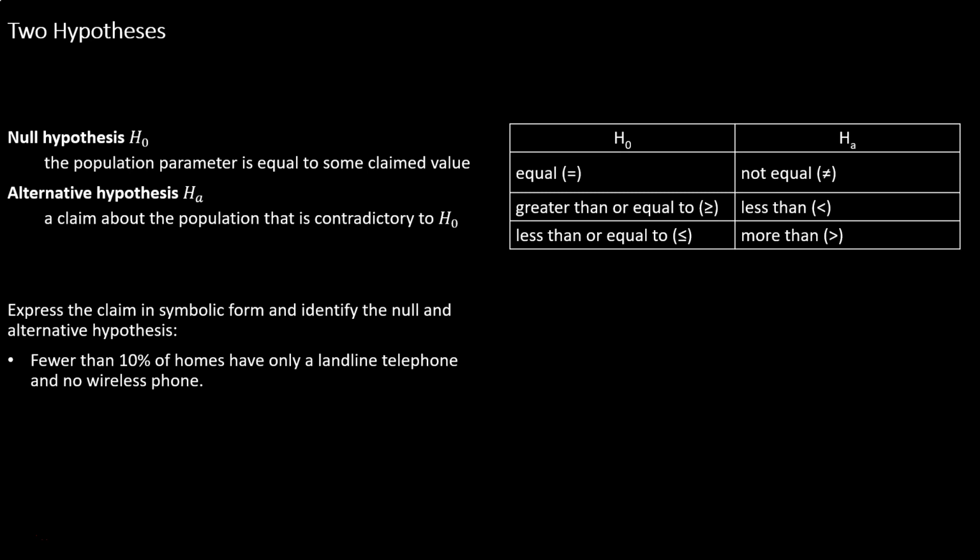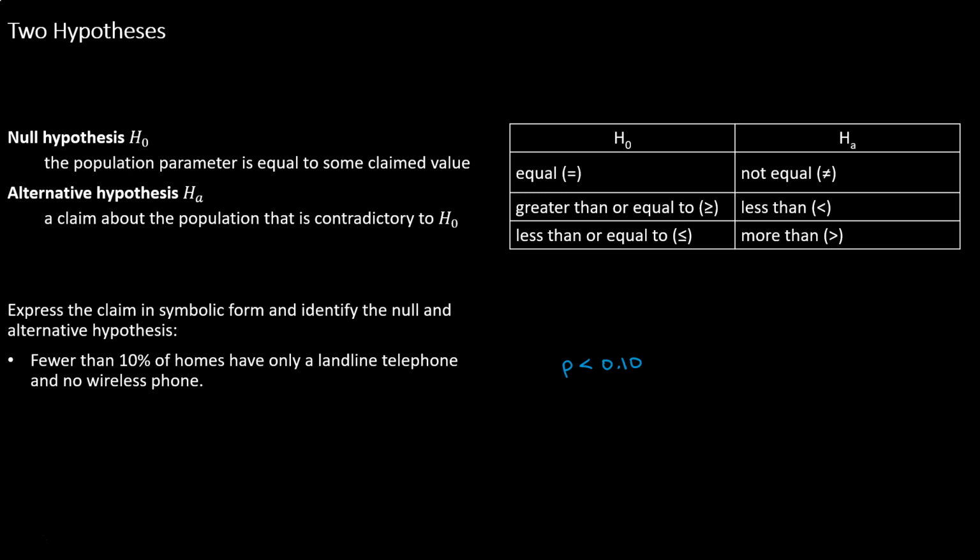That sounds an awful lot like a population proportion. And we're claiming that the population proportion is smaller than 10%. So our original claim for this first statement is that the population proportion P is less than 0.10.